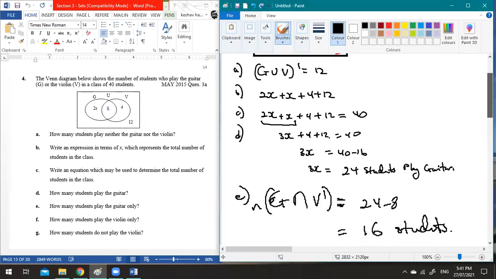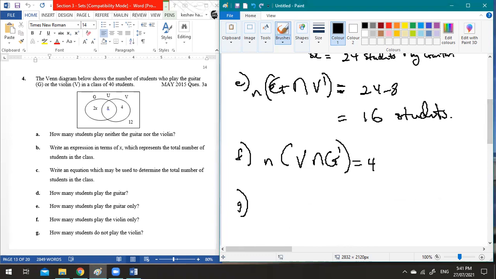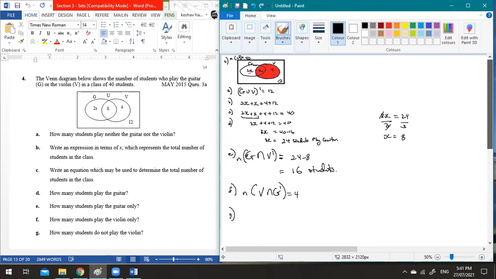Again, students who do not play the violin will be the ones that are in white right now. So 2x plus 24. We just found out the ones in guitar only was 16 students.